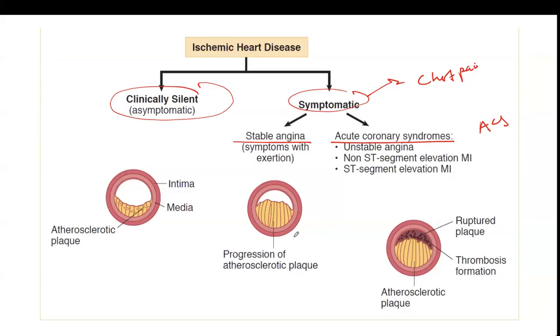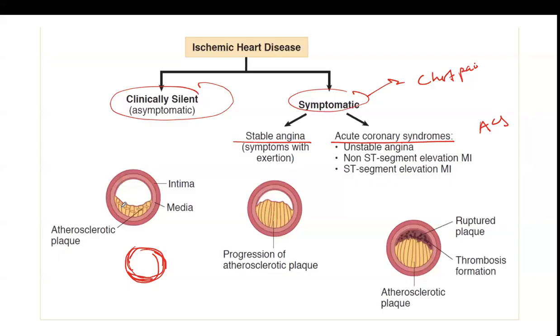Stable angina: if you look over here, a normal patient's blood vessels should be completely open, right? There should not be any block. But you can see a bit of atherosclerotic plaque over here. A patient who has stable angina will have a little bit of atherosclerotic plaque, that means fatty deposition.